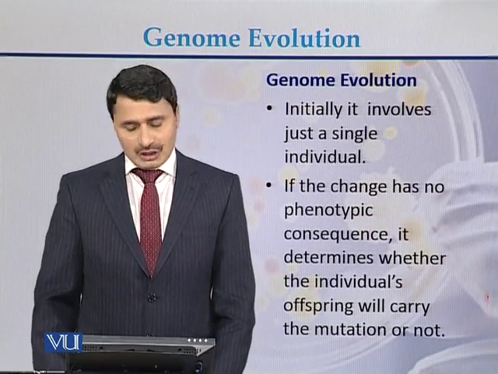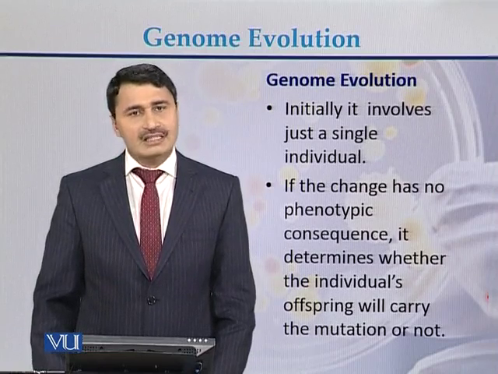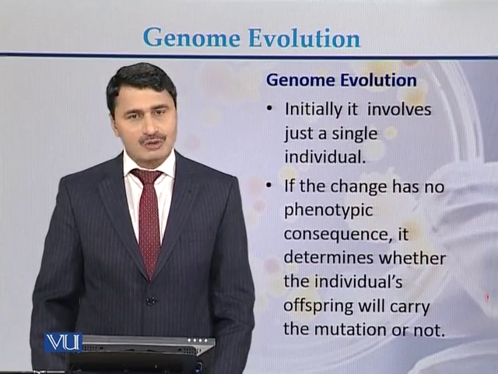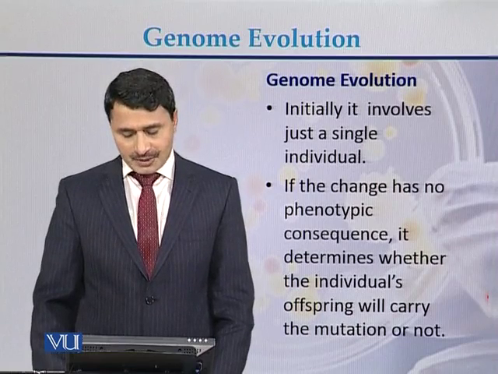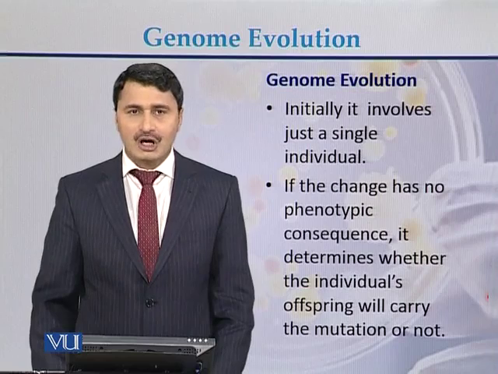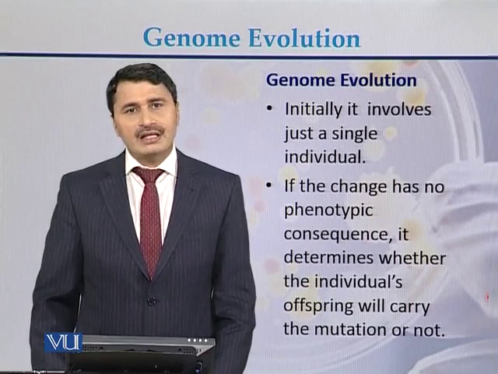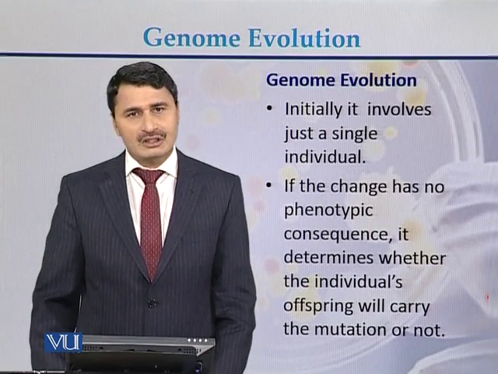Initially, genome evolution involved just a single individual or a single point. If a change has no phenotypic consequences, it determines whether the individual's offspring will carry the mutation or not. This is how genomes evolve and change with the passage of time.